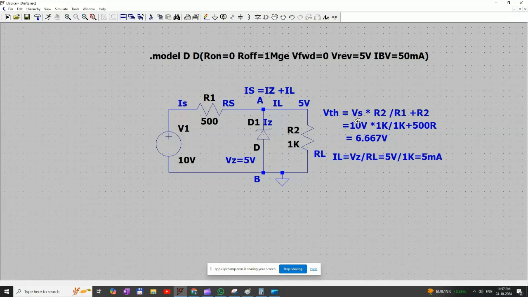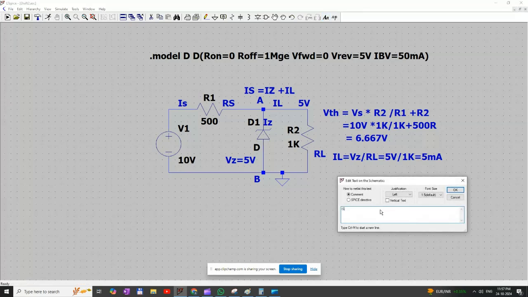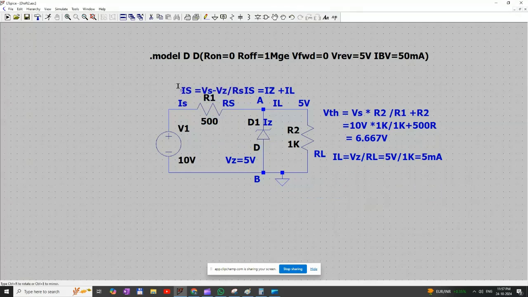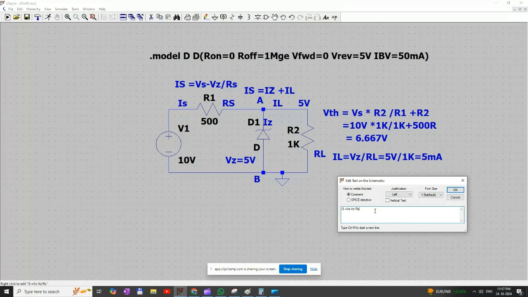Now we need to find the current across the source resistor, IS, which is equal to Vs minus Vz divided by Rs, which is equal to 10 volt minus 5 volt divided by 500 ohm.